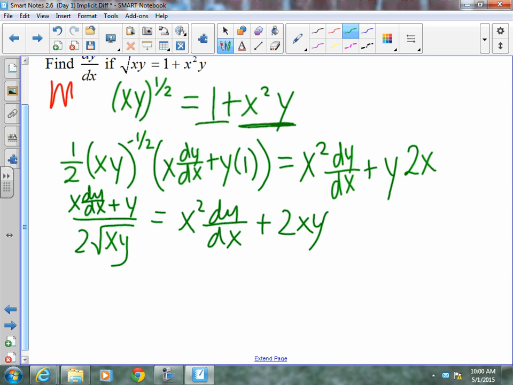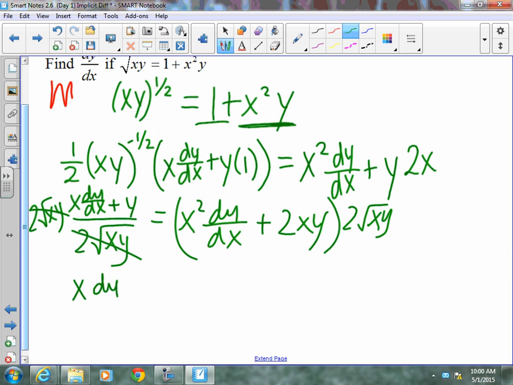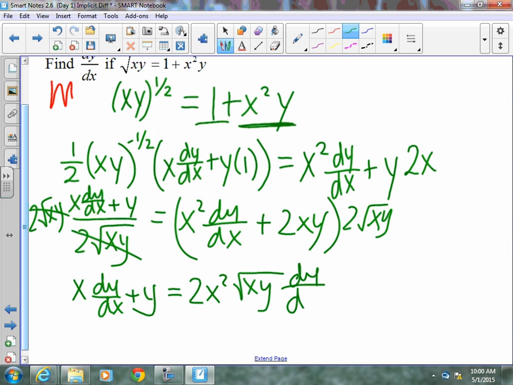I'm going to multiply both sides by 2 radical xy. I've got x dy/dx plus y equals 2x squared radical xy dy/dx plus 4xy radical xy.